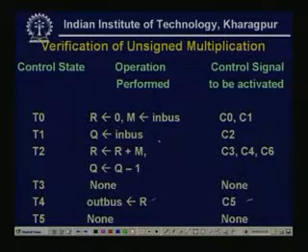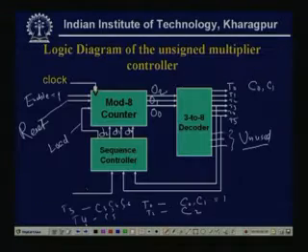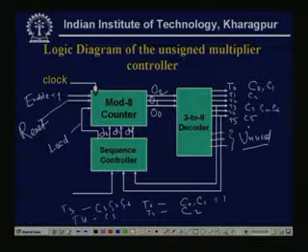These we have seen already, T0, T1, T2, T3, T4, T5, that these control states, this control signal should be activated. So, these signals, C0, C1, C2, then C3, C4, C6, then C5, and at T5 it will be the C6 at T4, and this control signal should be high.